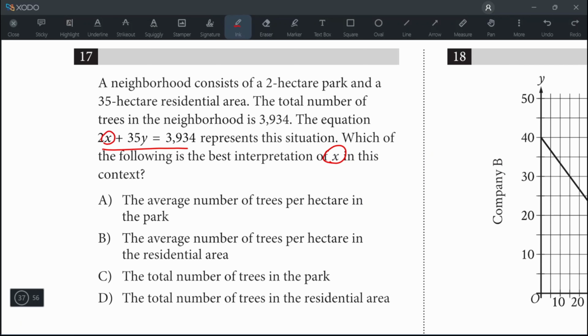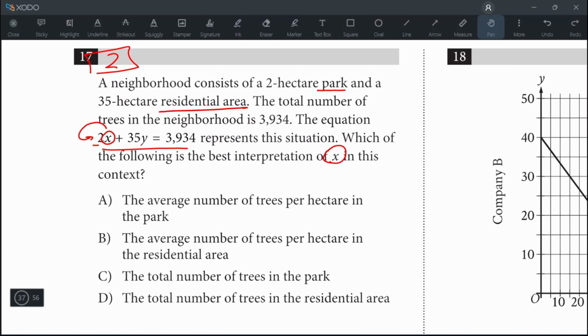So this is the value of x, and you should notice that the coefficient of x is equal to 2. The neighborhood consists of 2 types of areas that contain trees, which are the park and the residential area.